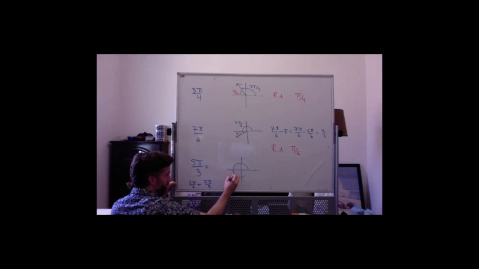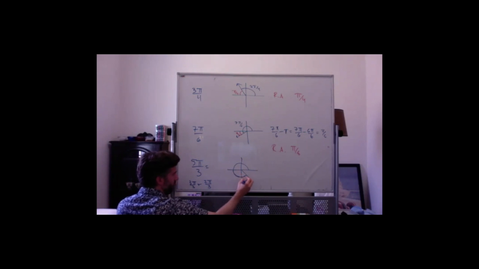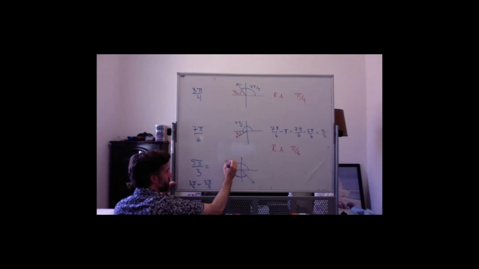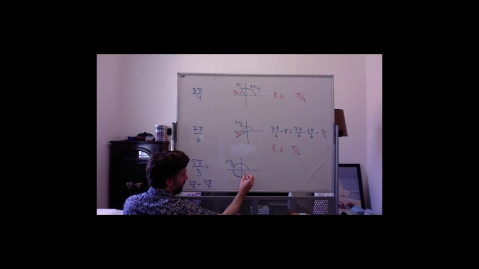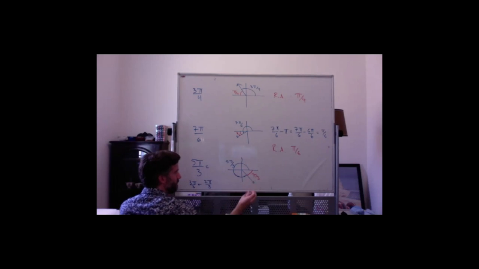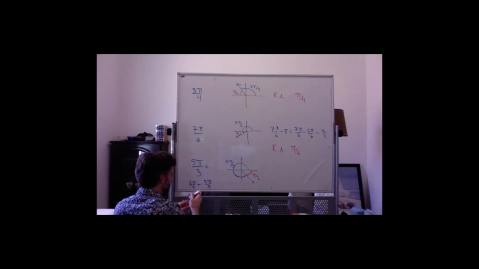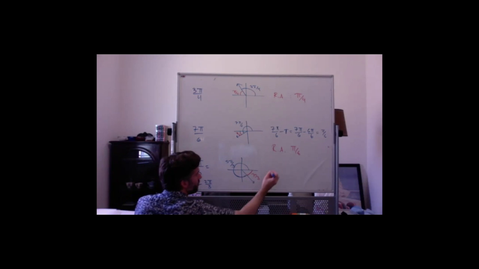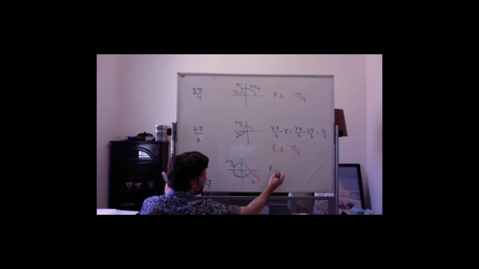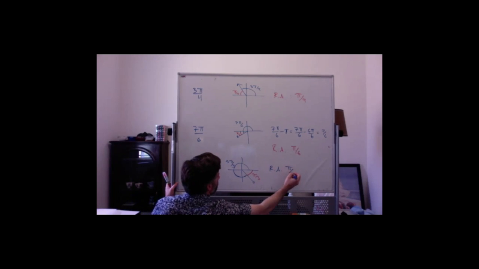And that's definitely going to get me to about there. And my reference angle, well, again, I'm trying to get all the way over to 2 pi here. I need exactly 1 more pi over 3, because 5 pi over 3 plus pi over 3 is 6 pi over 3, which is 2 pi. I messed up my color scheme, oh well.